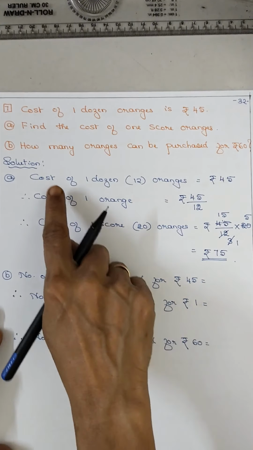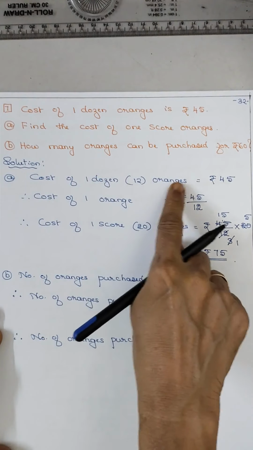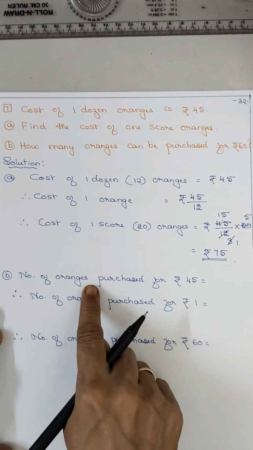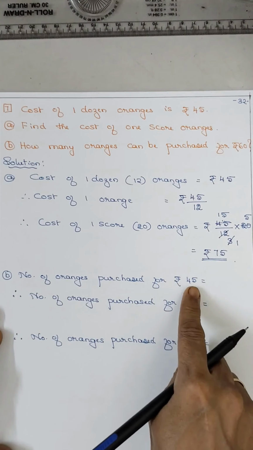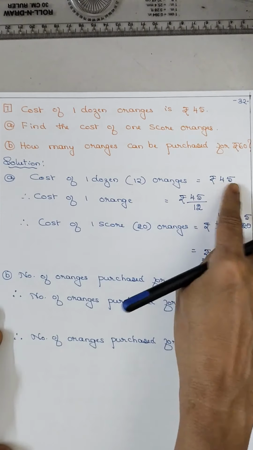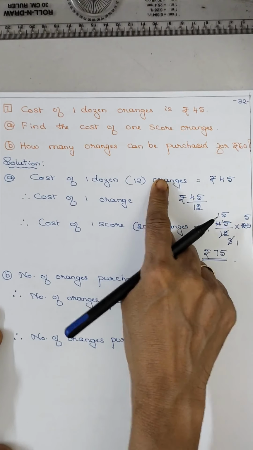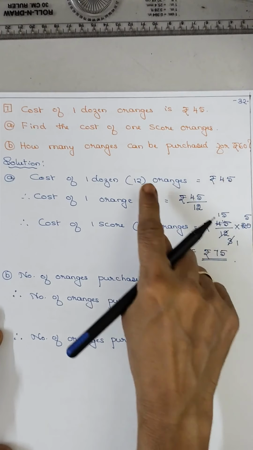So, first statement, the cost of 1 dozen oranges is 45. So, you will write number of oranges purchased for rupees 45. First statement को reverse में लिखो. Number of oranges purchased for 45 rupees, that is 12.